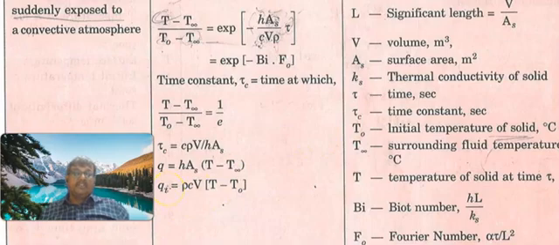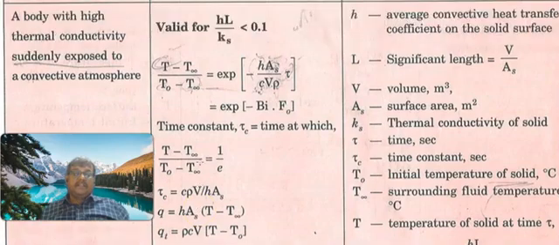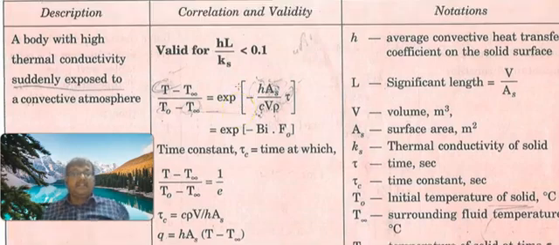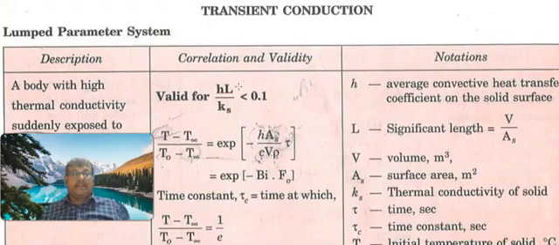Qt equals rho C V (T minus T naught). This is the data we should know before getting into the numerical problem. We have seen this as a derivation in our lumped heat analysis also. Again I am repeating, lumped heat analysis is nothing but sudden heat exposure to an ambience.